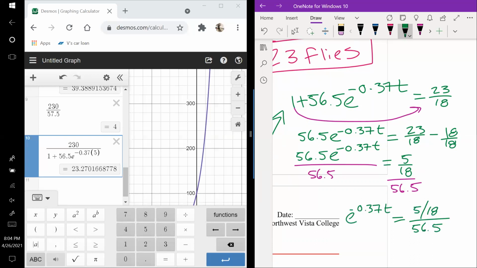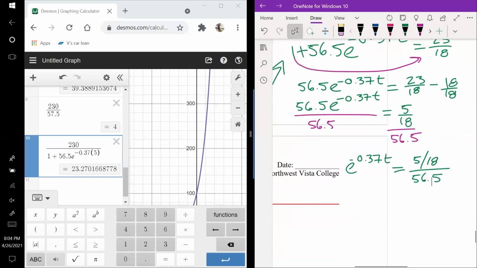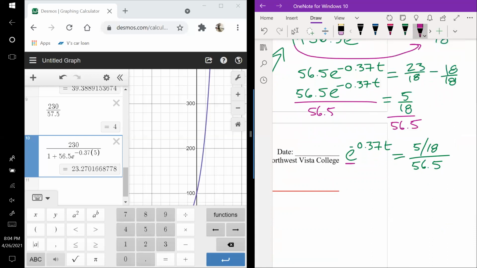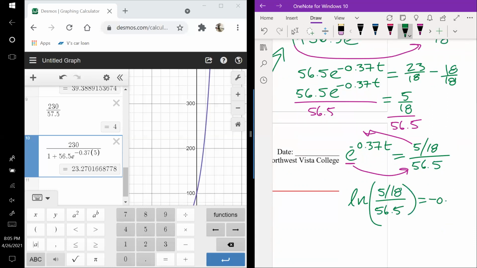Now let's convert from exponential to log. Here's our base on the outside set equal to the inside. So we get the natural log, with big parentheses, of 5 over 18 over 56.5 equal to negative 0.37t.